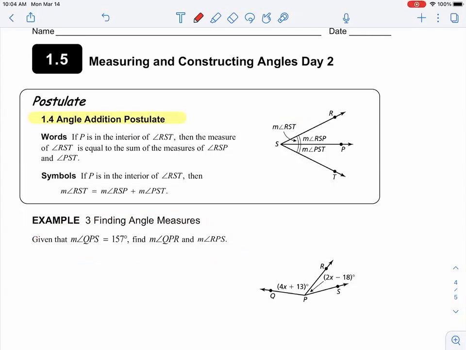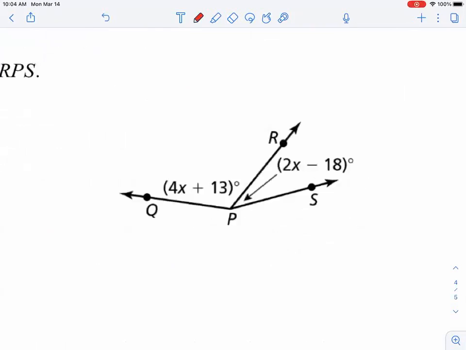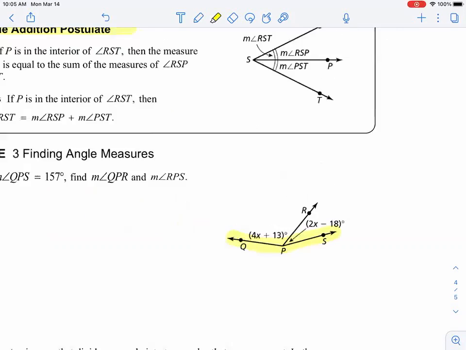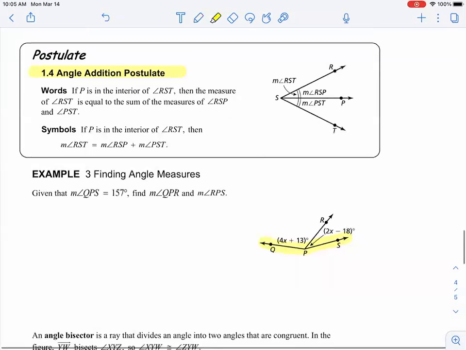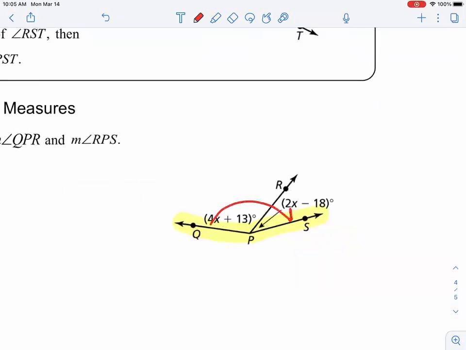It says, given that angle QPS, so that means starting at Q, going to P, going to S. So that is this entire angle here. So given that the entire angle is 157 degrees, so this whole thing here is 157 degrees, we want to try and find each part of it, okay?